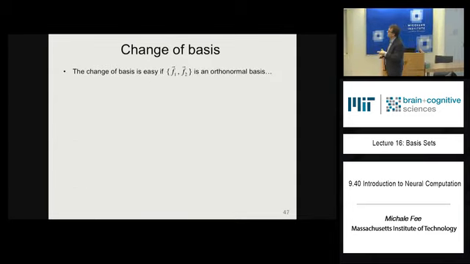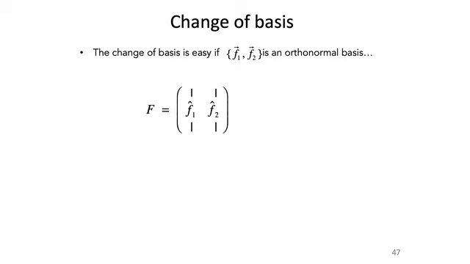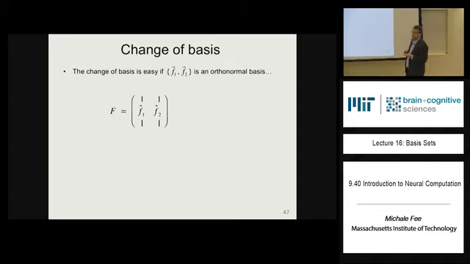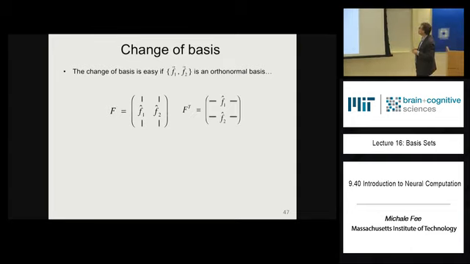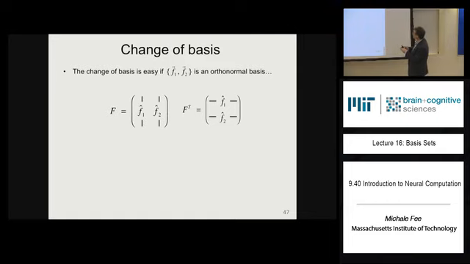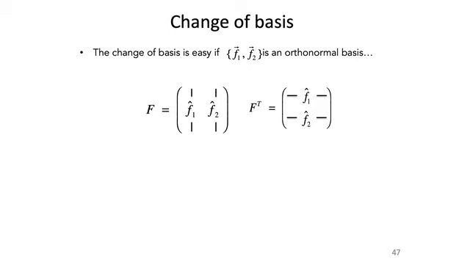If that set of vectors is an orthonormal basis, let's take this matrix F that has columns that are the new basis vectors, and say that those form an orthonormal basis. In any case, we can write down the transpose of this matrix, F transpose, and now the rows of that matrix are the basis vectors.